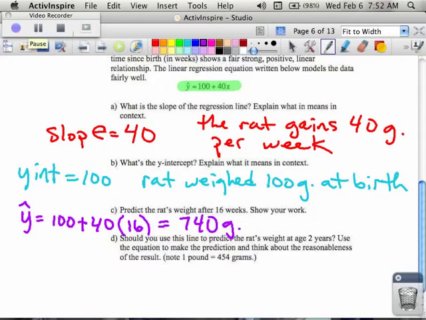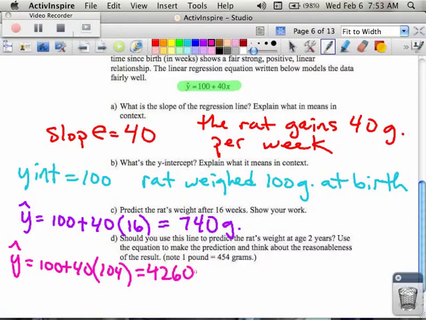If we use this model, and remember we were just talking about how far out maybe it's not such a good idea, and we use this to predict 2 years later, that means my y hat would be 100 plus 40 times the number of weeks 2 years later, which is 104 weeks later, or in other words, 4,260 grams.